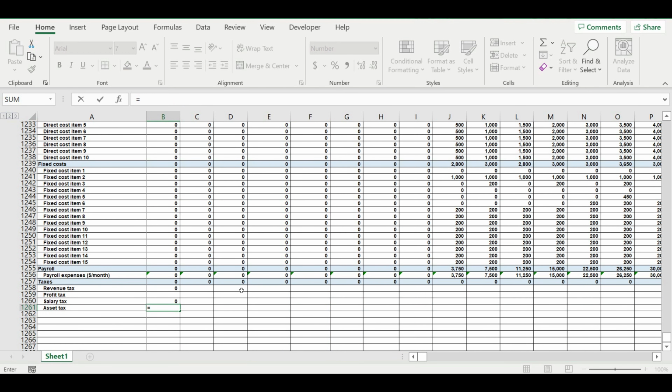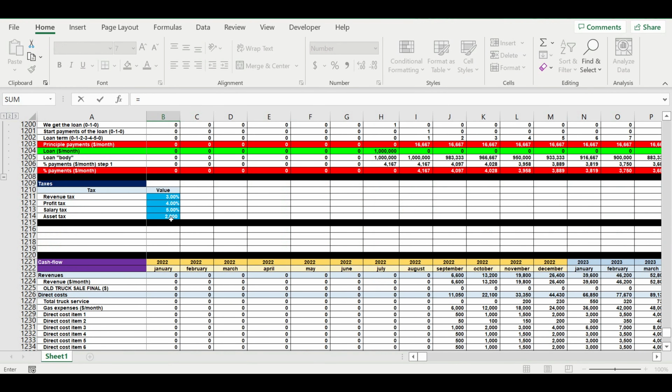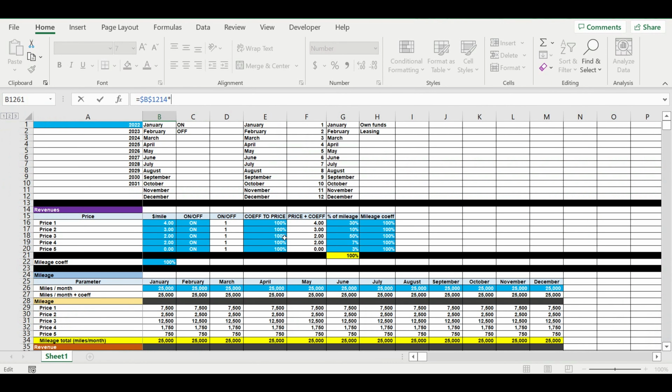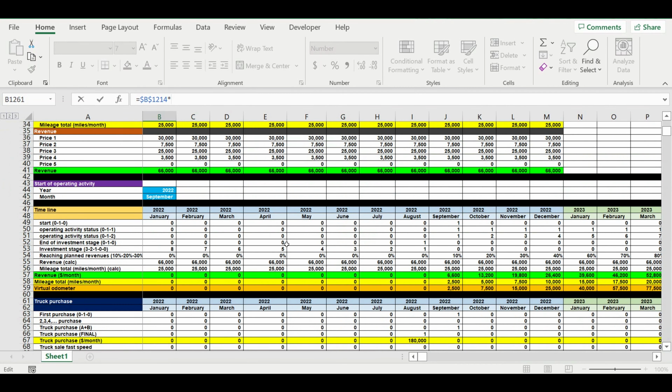Then we move to asset tax, so we take the value of this tax and multiply it on the line when we have operating activity. Operating activity status is here. 0 means that we don't have operating activity at the moment, and 1 means that we have operating activity. Operating activity starts from September 2022. It is here. So we link this formula to this line.